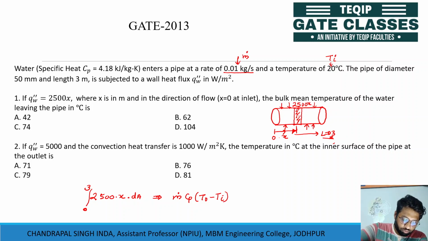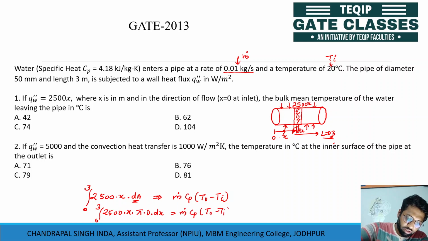Now we have 2500 x into this elementary area, which will be equal to pi d dx, integrated dx from 0 to 3, equal to m dot Cp into T outlet minus T inlet.